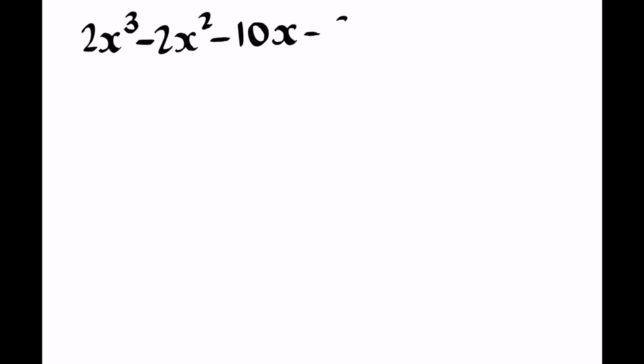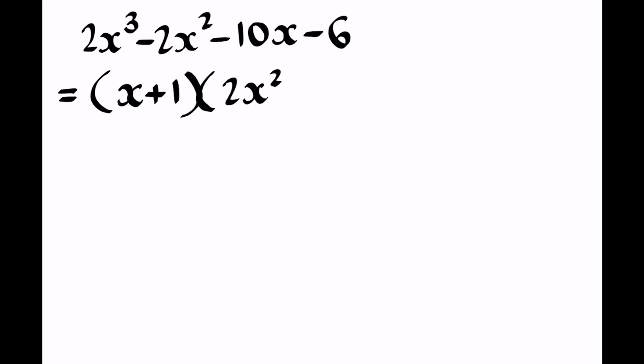So I would therefore be able to say that 2x cubed minus 2x squared minus 10x minus 6 would factorize into x plus 1, which was outside, and my answer at the top, which was 2x squared minus 4x minus 6.